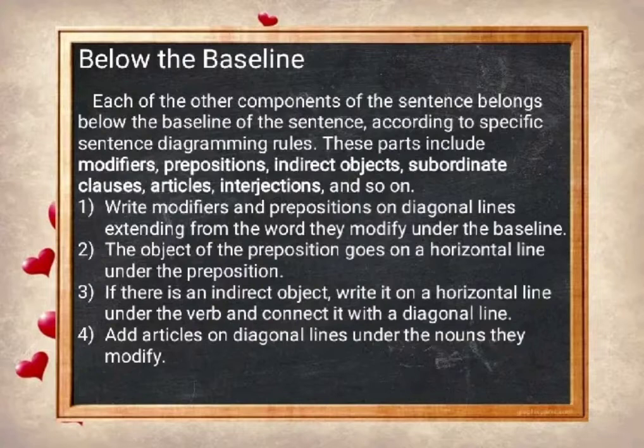Write modifiers and prepositions on diagonal lines, extending from the word they modify under the baseline. The object of the preposition goes on a horizontal line under the preposition. If there is an indirect object, write it on a horizontal line under the verb and connect it with a diagonal line. Add articles on diagonal lines under the nouns they modify.